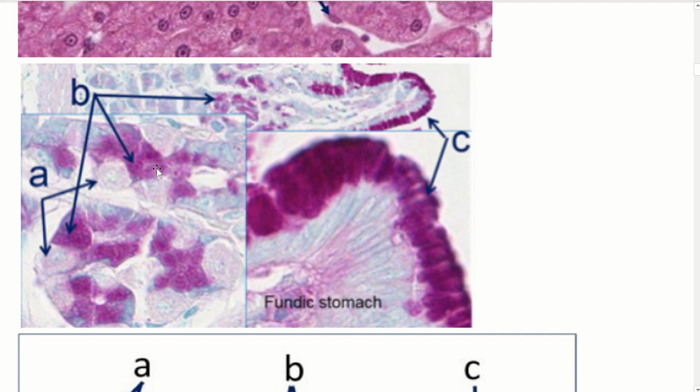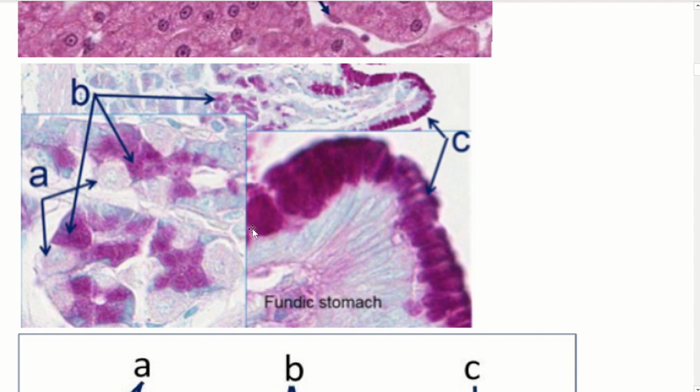B is pointing to these cells, and remember this is a PAS stain, so they're staining very purple, right? So that means they've got a lot of sugar in them, okay? They're making a lot of sugar. So these would be our mucus neck cells, because remember, mucus is very sugar rich. It's very protein rich. So this is mucus. These are our mucus neck cells, okay? Because they're kind of in the middle, this neck region of the fundus stomach, okay?